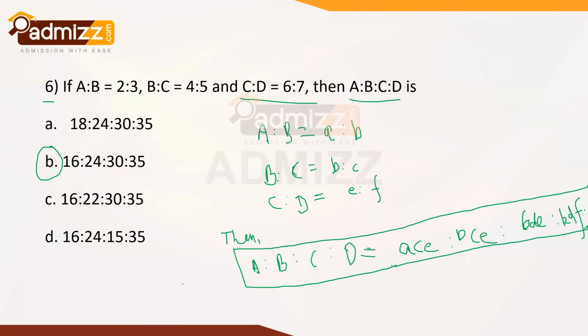Now if we input 2, 3, 4, 5, 6, and 7 instead of the letters in this particular formula, then we get that option number B is in fact the correct answer. And that's basically it. So this formula plays a key role in this particular question, and you must remember it to solve this question in proper terms.